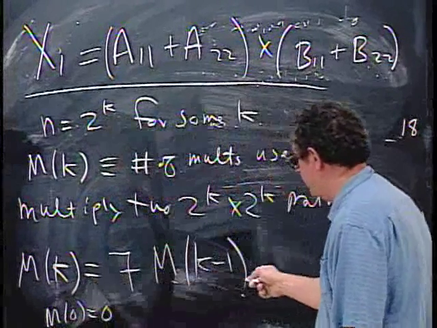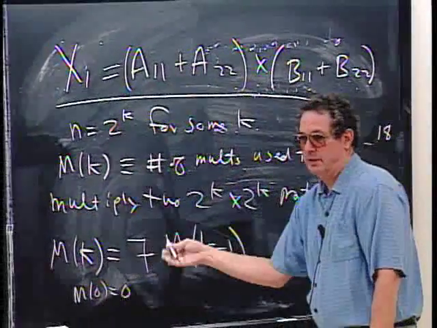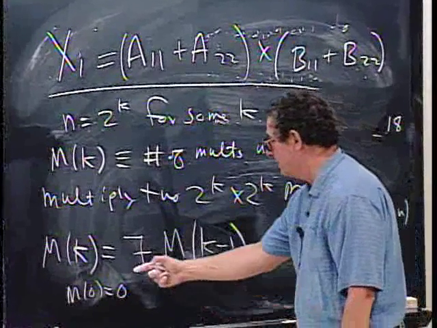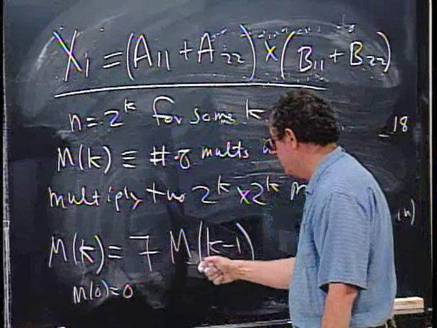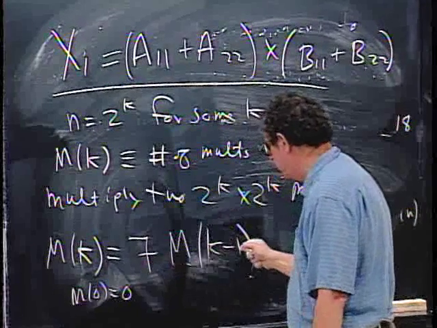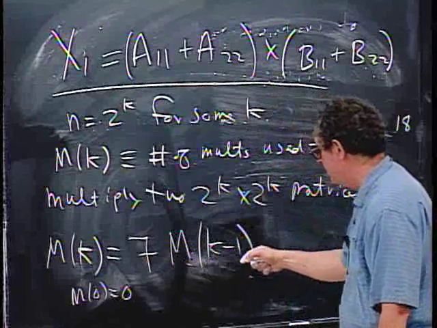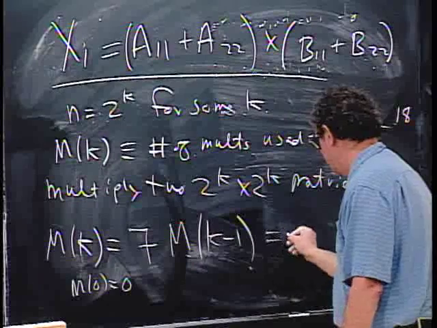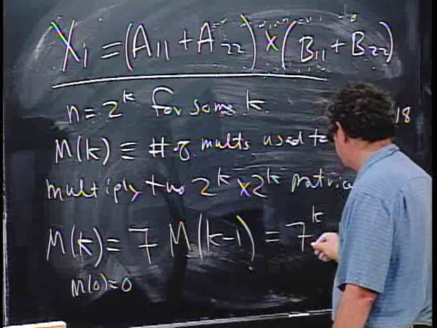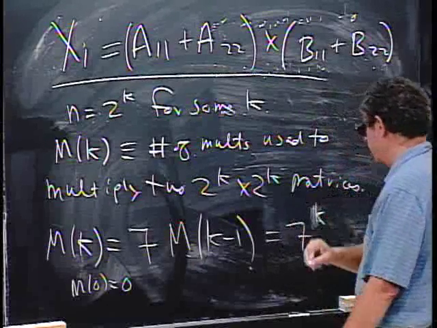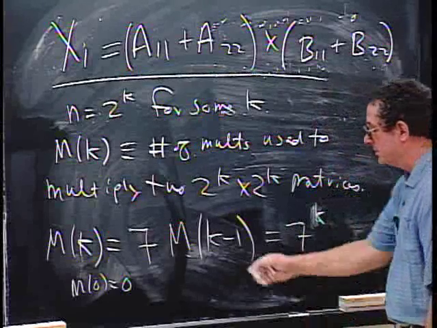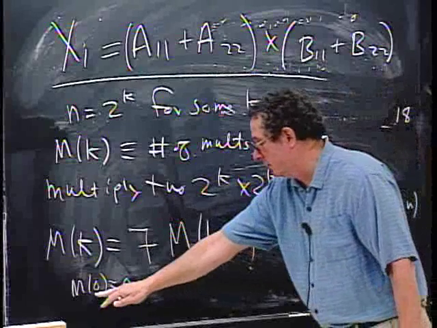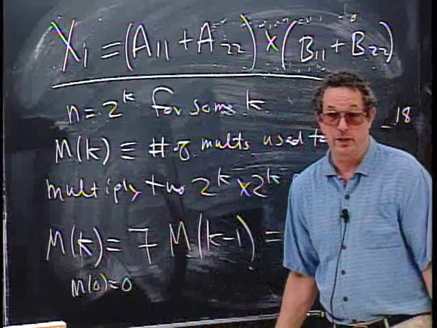Well, what does this solve to? Just think about unwrapping this. You could use the master method or something, but just unwrap this thing. We have 7 times whatever this is, which is 7 times M_{k-2}, etc. So this is ultimately equal to 7 to the k. Now 7 times 7 times 7, unwrapping this until we get down to 0, and we're obviously going to do that k times.